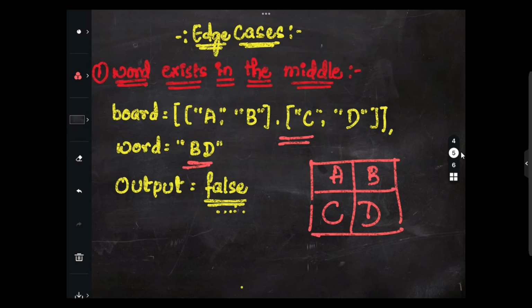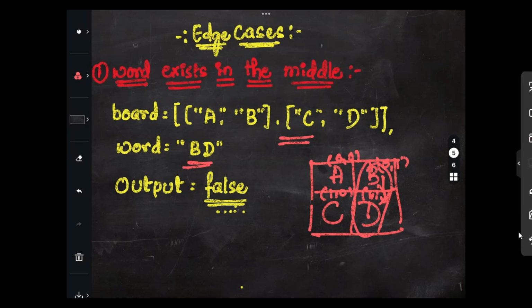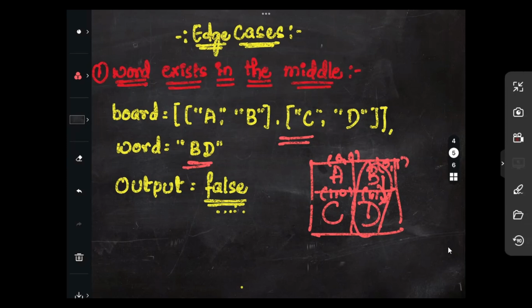So in this case, we will start from B and move one step to D here, right? So we'll start from 0,1. This is 0,0, 0,1, 1,0, 1,1. We'll start from 0,1 and move one step down. So we have found BD here. Actually this is not BD, we'll be considering AD. Here this is A and this is D. We can move either horizontally or vertically, so we cannot move diagonally.